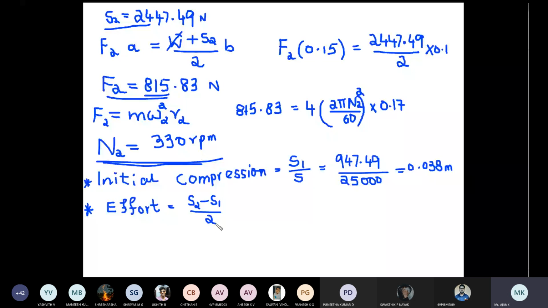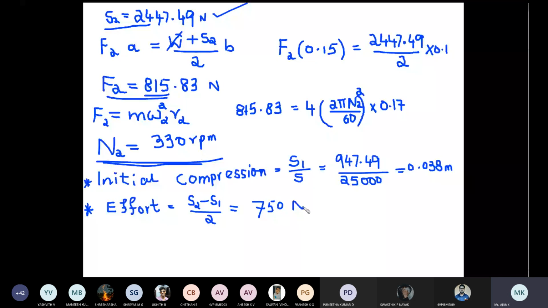S2 is 2447, S1 is 947. So by substituting these values, you will get effort as 750 Newton. The unit of effort will be Newton.